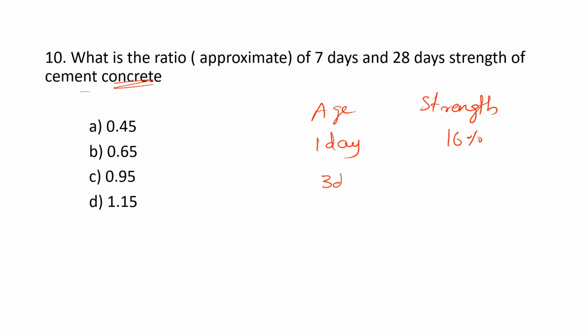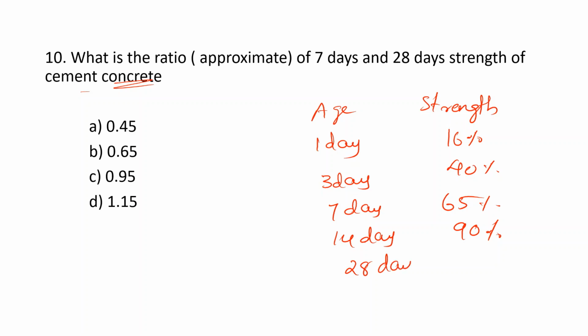In 3 days, it will attain 40% of total strength, and in 7 days it will attain 65% of the total strength, and in 14 days it will attain 90%, and in 28 days it will attain almost full strength, that is 99% of strength at 28 days.